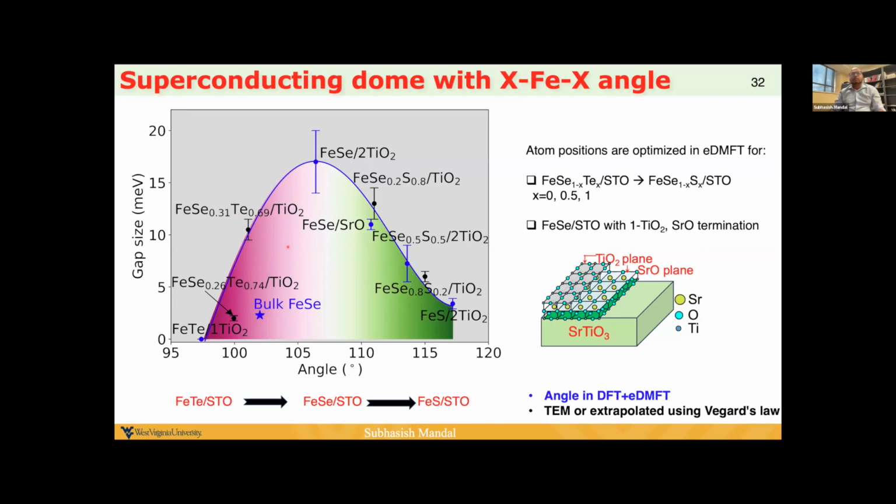And in my opinion, this is something to appreciate, because you are controlling the gap size with a single parameter in the structure file. And that's the angle. And we knew that the angle has something to do with correlation, and angle has something to do with TC now in the monolayer limit.